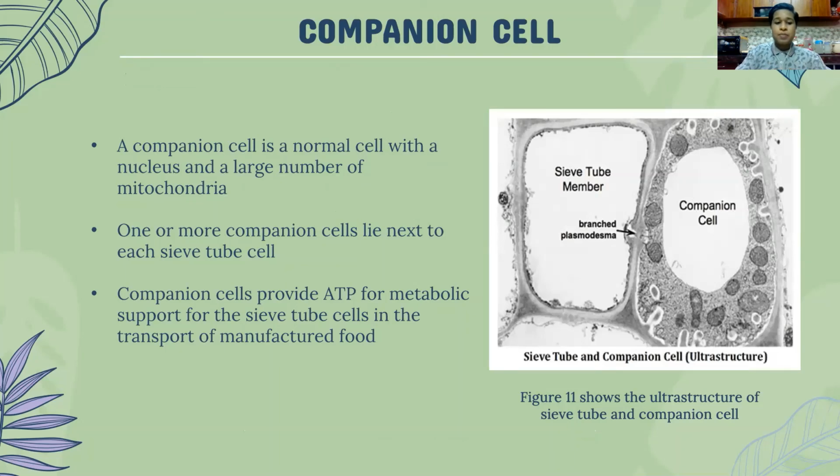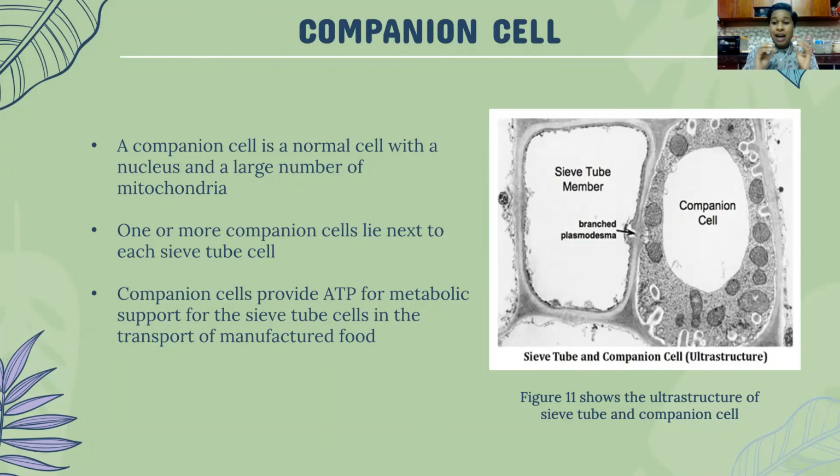So companion cells provide ATP for metabolic support for the sieve tube cells in the transport of manufactured food. A sieve tube needs energy in order to transport food in the form of active transport. So active transport needs energy in order to happen.